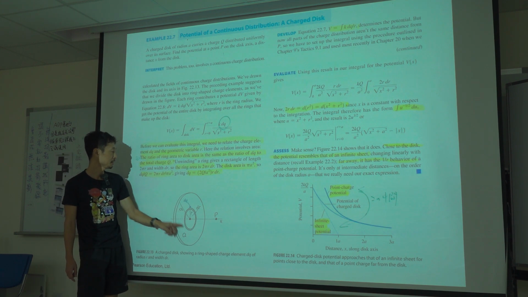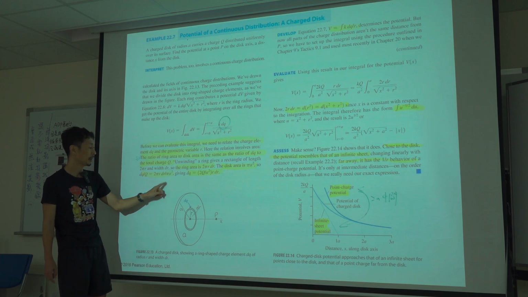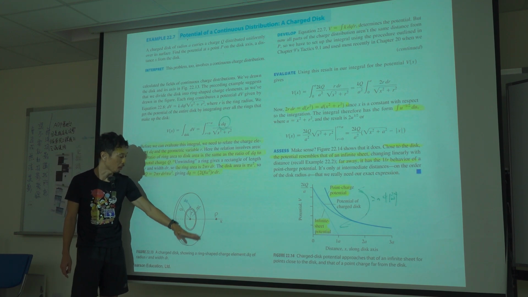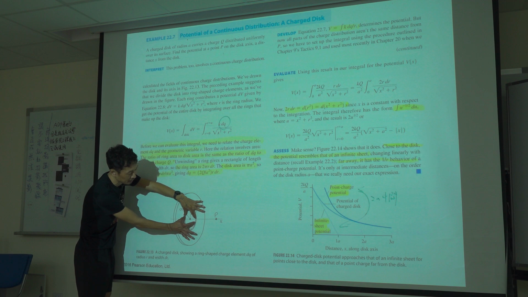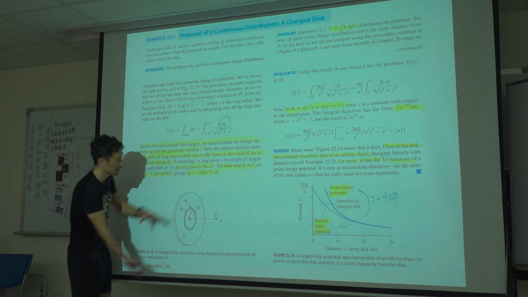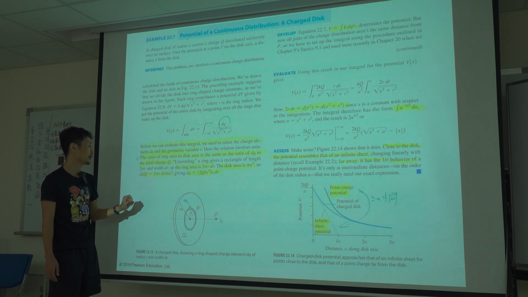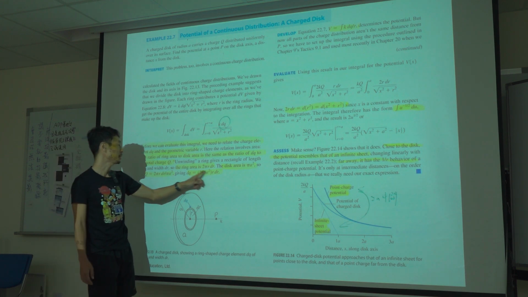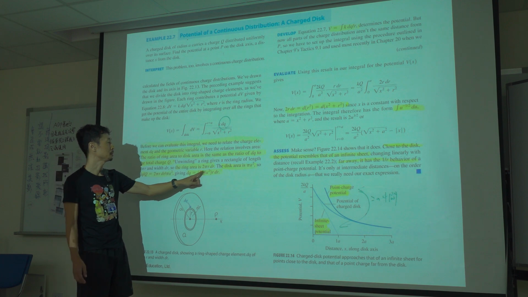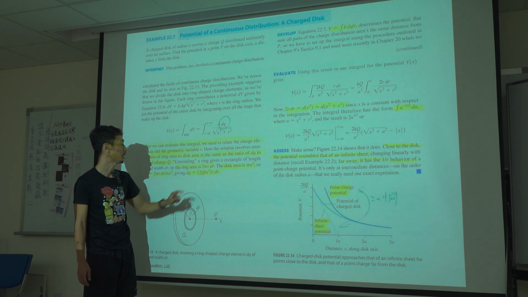So 2 pi r dr divided by pi a squared gives the ratio of dq to Q. So we get this relation: dq is 2Q divided by a squared, times r dr.